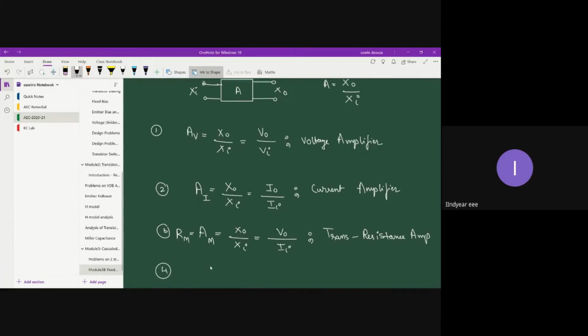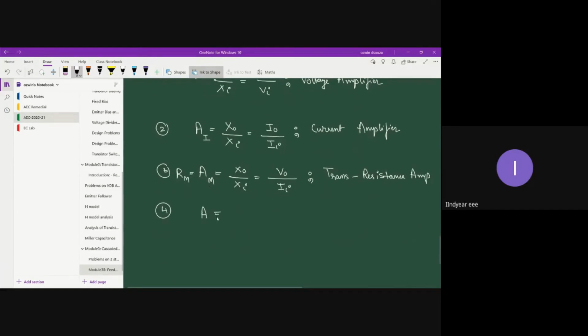And then we have the final type, in which gain A can be found by taking the ratio of output signal as current and input signal as voltage. So what do you get? I0 by Vi. This is called a trans conductance amplifier. Sometimes it is taken as G, because the symbol of trans conductance is G. So it is G or GM, doesn't matter.